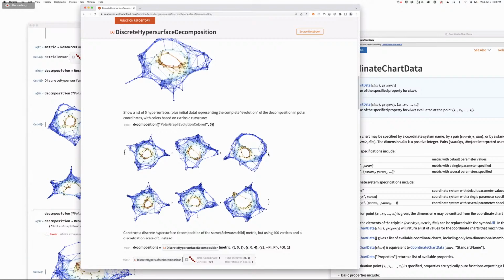In the end, they appear to be emitted from the event horizon. Right.